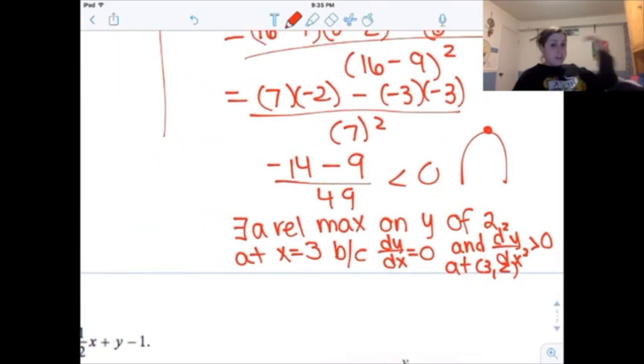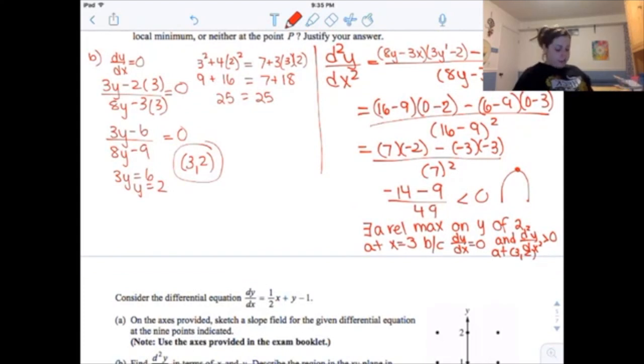So again, second derivative, think concavity. If it's negative, it's concave down, which means it's a maximum. All right.